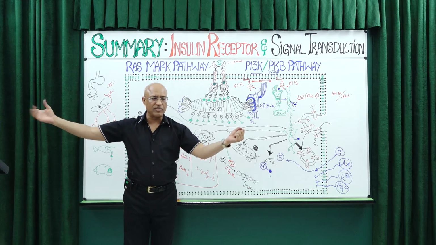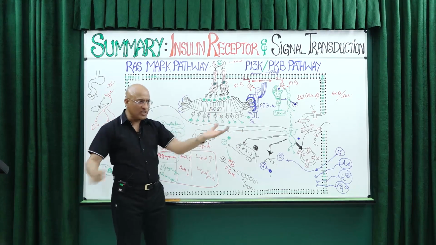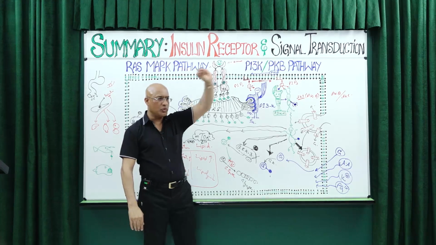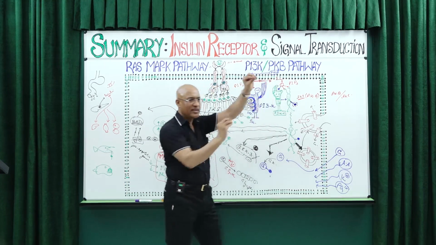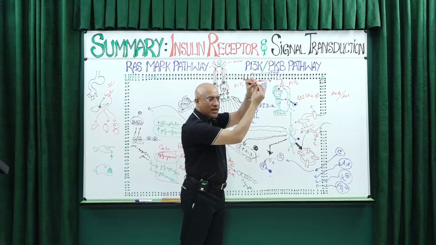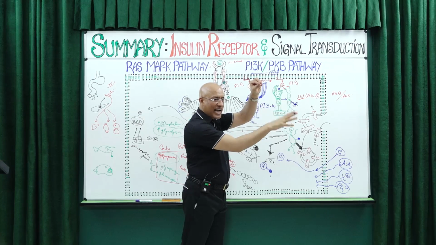We'll talk about the other one in the later part. PI3K will convert PIP2 into PIP3. PIP3 will then bind PDK1, and AKT will come and get phosphorylated and activated.